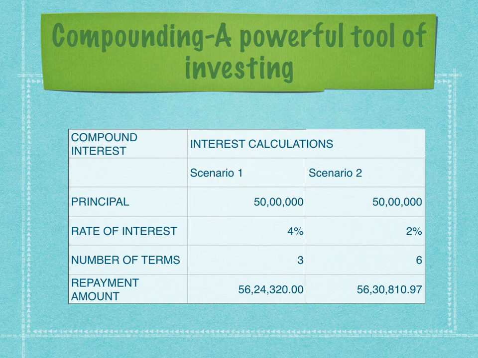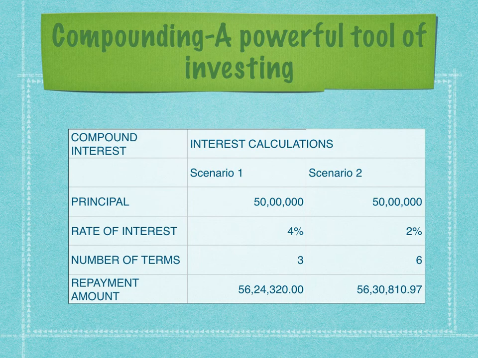In the second scenario, the principal amount is the same, but the compounding frequency has increased to semi-annual. So the rate of interest, which was 4% per annum, is now semi-annualized to 2% because the compounding frequency has increased from once a year to twice in a year.